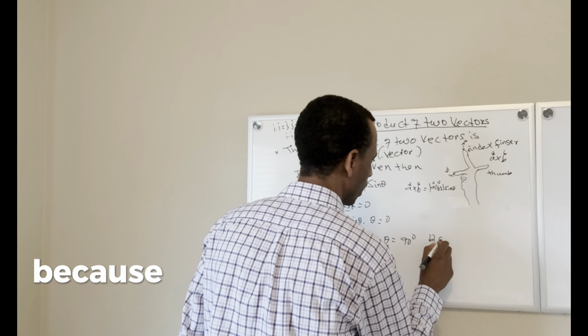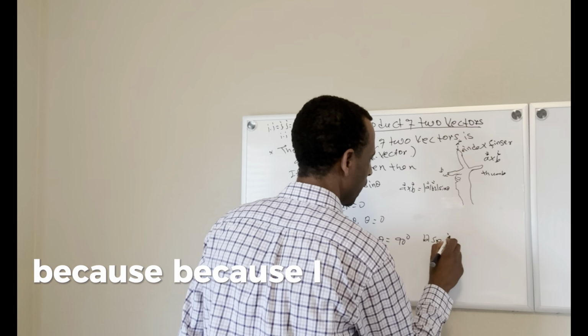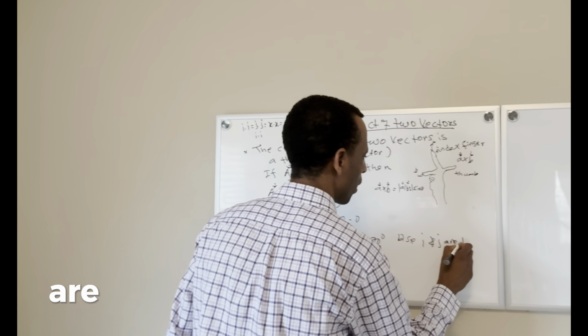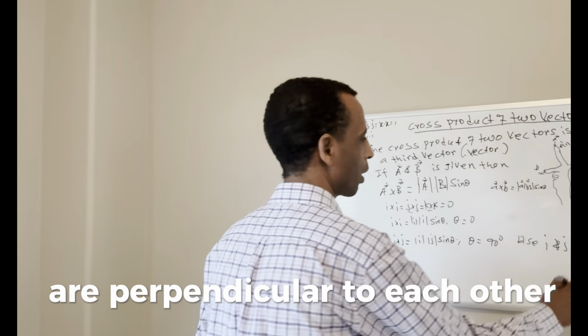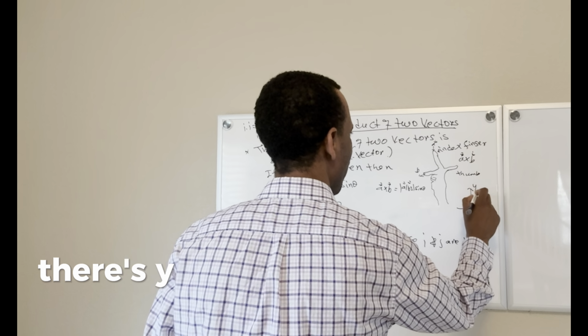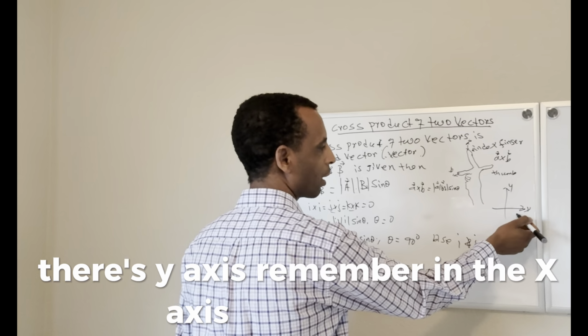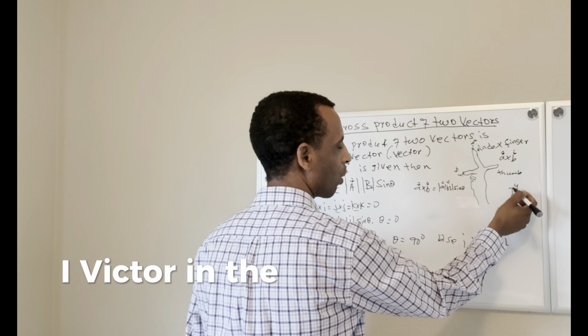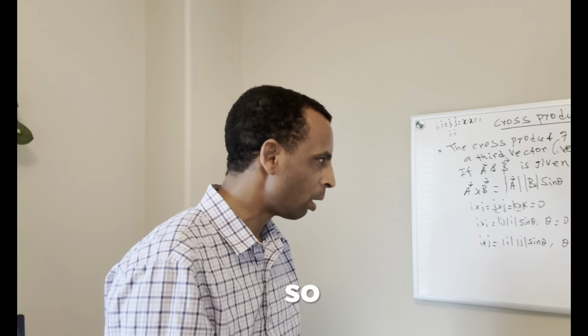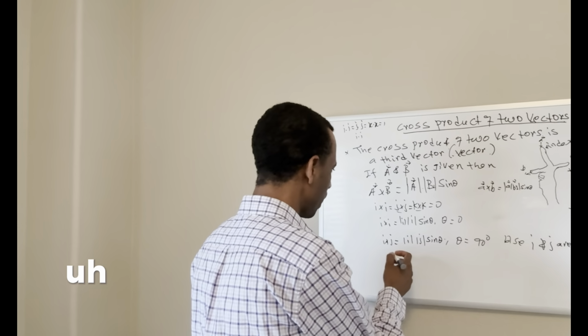Because I and J are perpendicular to each other. That means there's the x-axis and the y-axis. Remember, in the x-axis there's the I vector, and in the y-axis there is a j vector, right? So let's see.